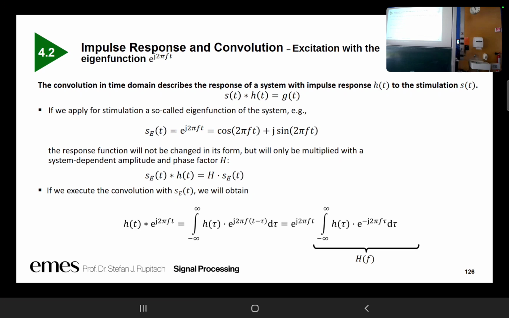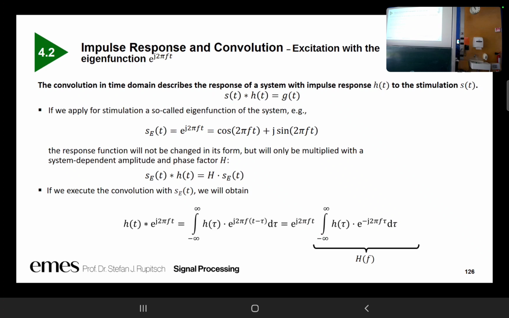Then you always have to wait until your system reaches the steady state. That's the problem. If you have a fast system, then this works quite well. But the steady state is the thing you always have to wait for.